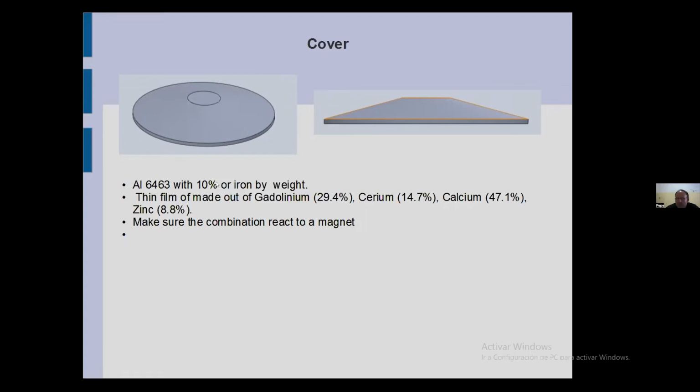And after that, I put a film made out of gadolinium, cerium, calcium, and zinc with these percentages: 28, 14.7, 47.1, and 8.8.